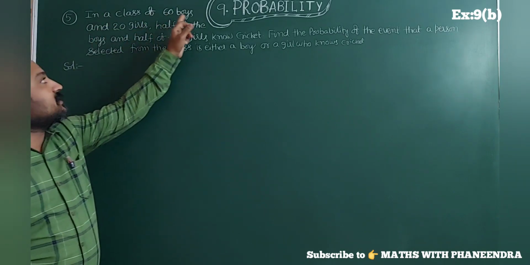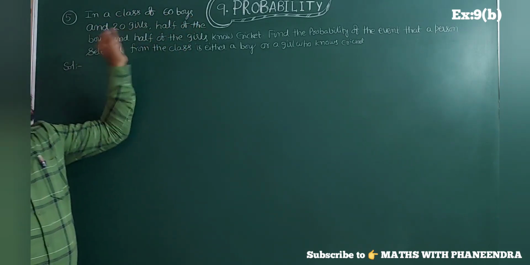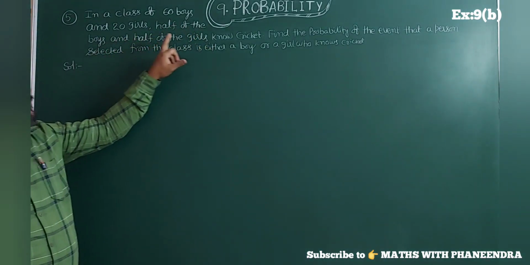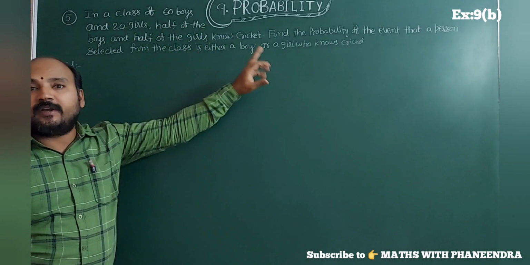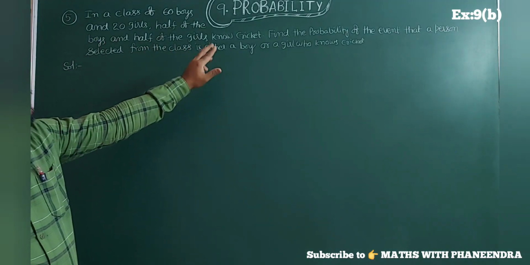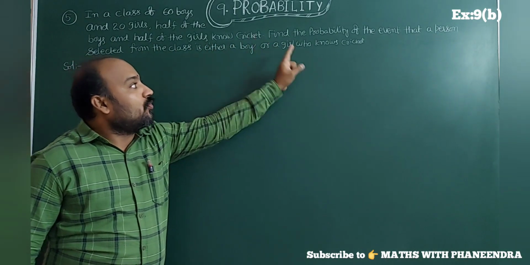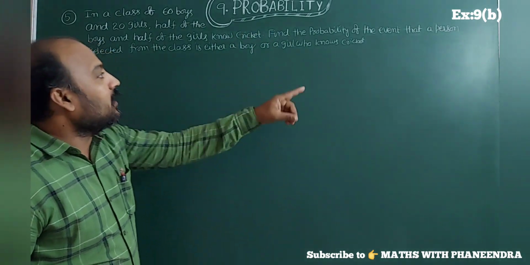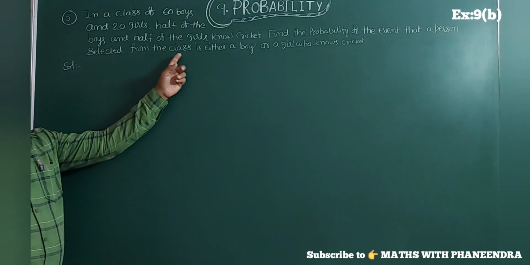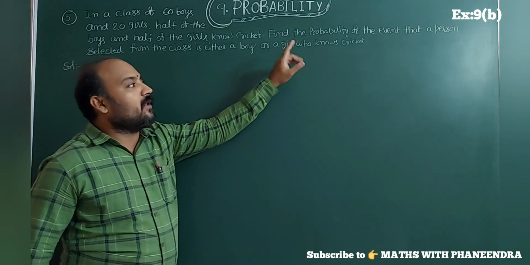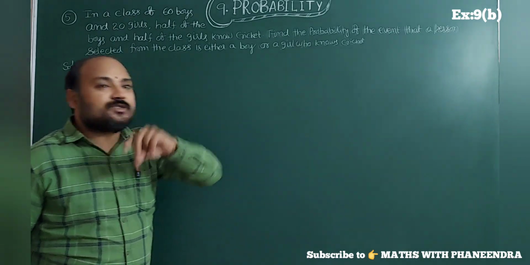In a class of 60 boys and 20 girls, half of the boys and half of the girls know cricket. Find the probability of the event that a person selected from the class is either a boy or a girl who knows cricket.